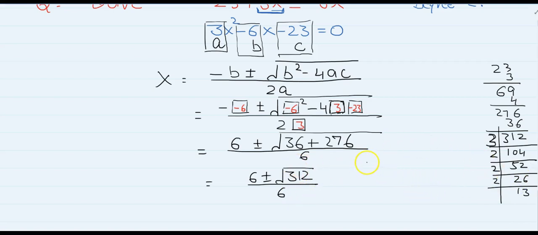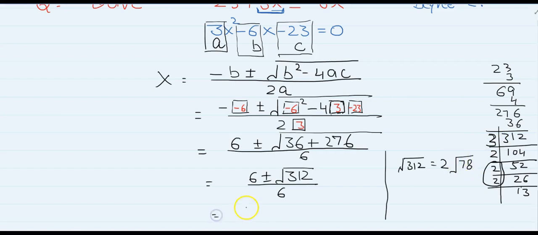So now we can see that root 312, this 2 is common, and that is 13 times 2 is 26, times 3 is 78.